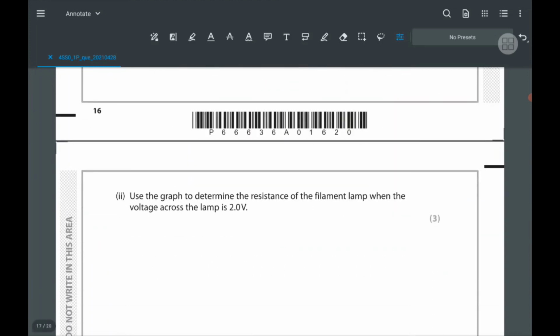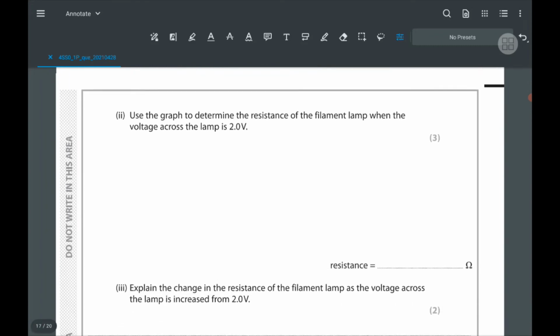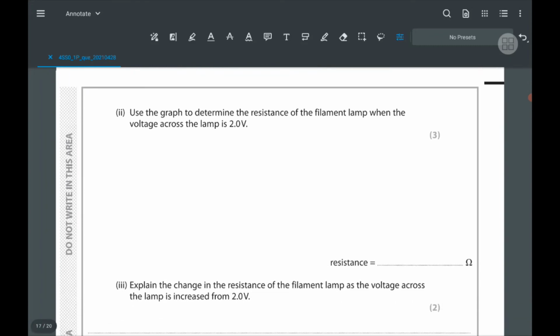Use the graph to determine the resistance of the filament lamp when the voltage across the lamp is 2 volts. Our equation is V equals IR. I'll write down that equation first. Then I need to find out the resistance of the filament lamp.